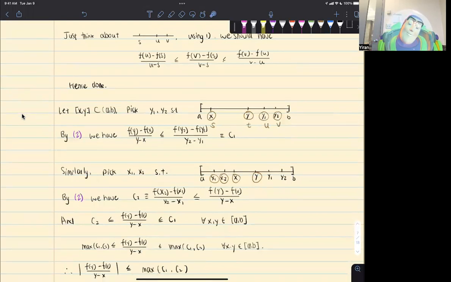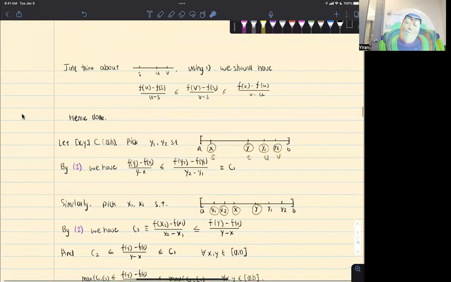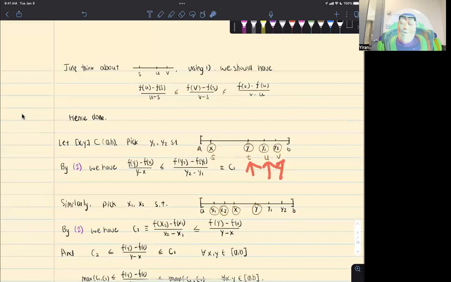So if you rewrite and mark the points on the interval AB, you have x, y, y1, and y2. What I did is I first focused on this half interval, and noticed that it corresponds to t, u, b in the corollary that we just proved.